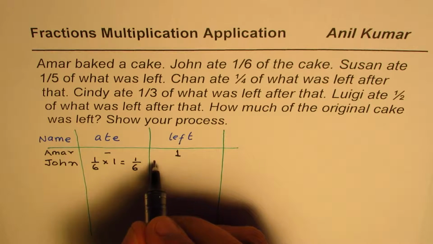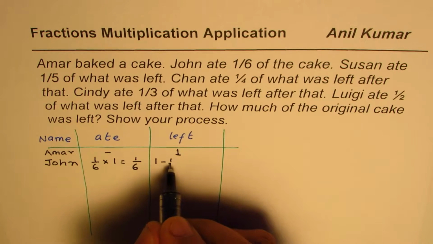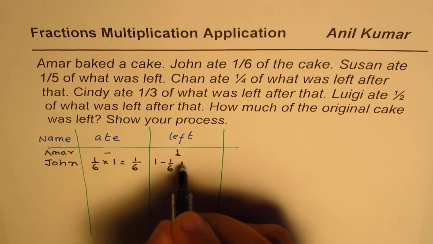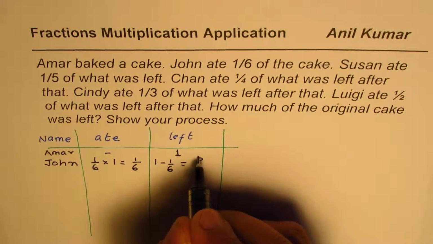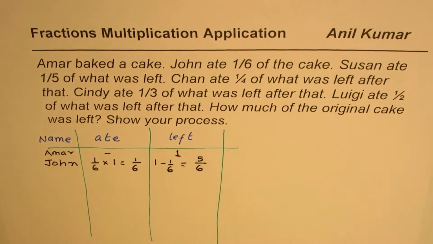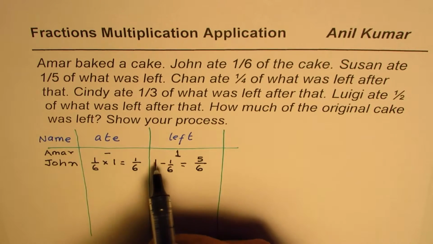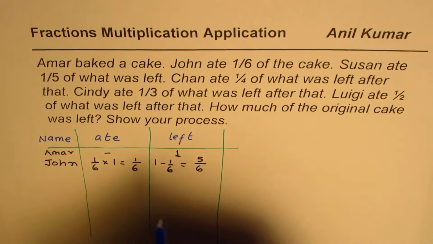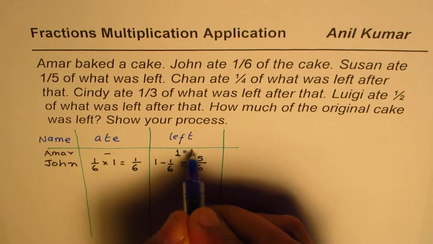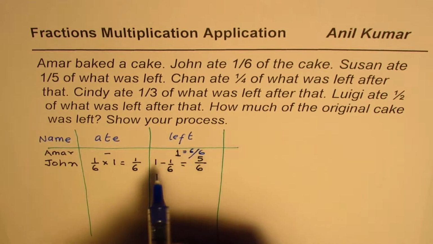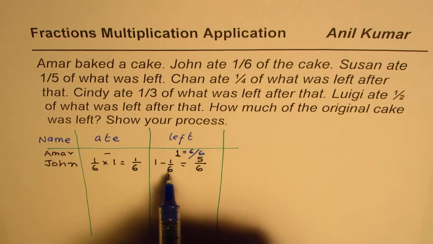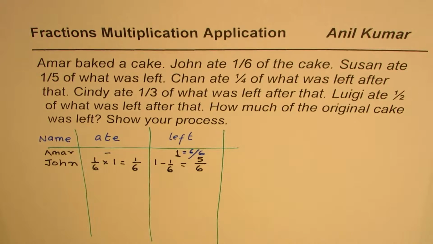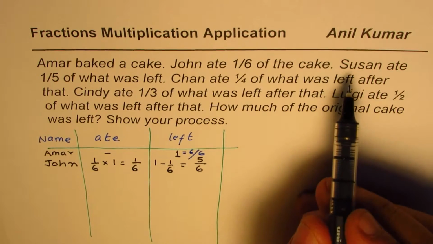So the amount left is 1 minus 1/6, that is 5/6. You could think of 1 as equal to 6/6, to make the calculation simpler. So 6/6 minus 1/6 is 5/6. So 5/6 is left.